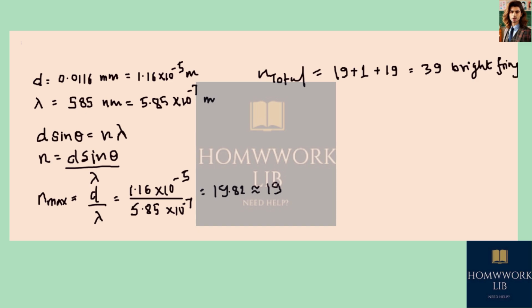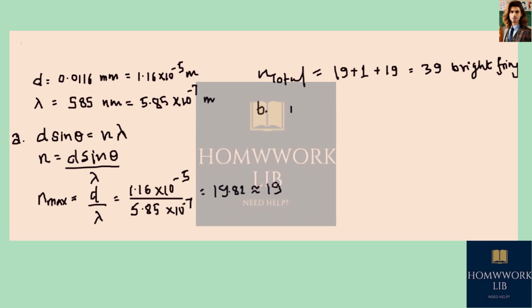Okay, so we are done with part A of the question, right? Now part B of the question asks us to calculate the angle made by the most distant fringe.